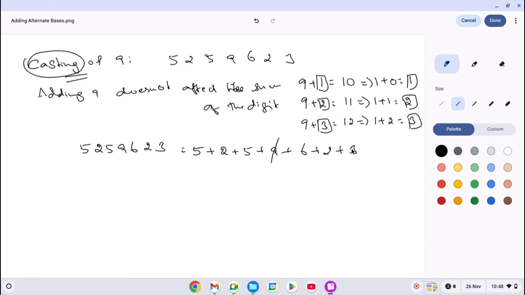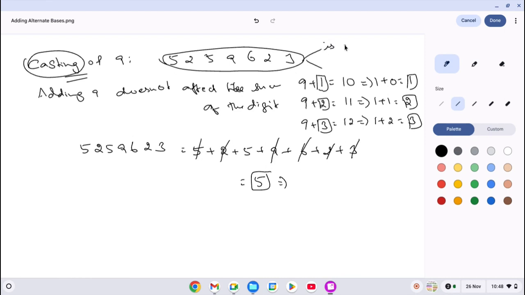Combine 6 and 3, which is also 9. So avoid adding that 9 too. Then add 5 plus 2 plus 2, avoiding the 9s. What is the remaining thing? This is 5. So 5 is the sum of the digits, and it is not divisible. So we can say this 5, 2, 5, 9, 6, 2, 3 is not divisible by 3 or 9. Okay.